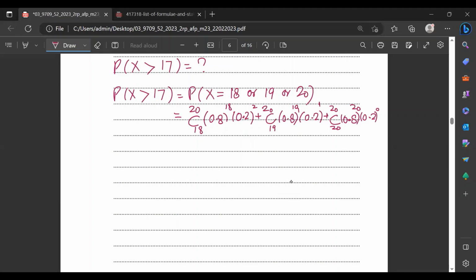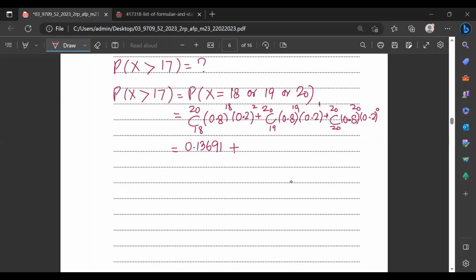So when you simplify 20C18 0.8 to power 18, 0.2 to power 2, the answer is 0.13691, plus 20C19 0.8 to power 19, 0.2 to power 1.